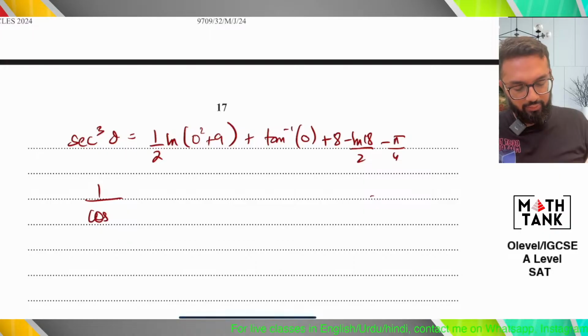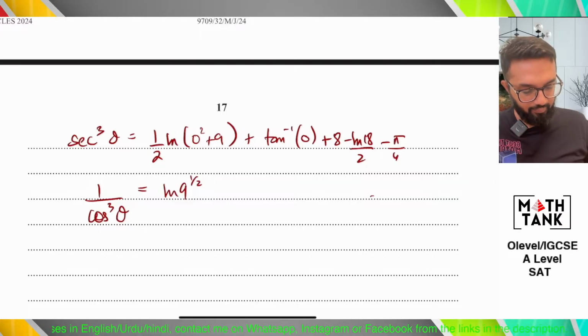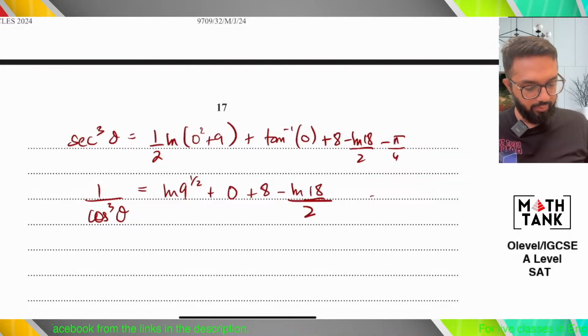So 1 over cos cube theta. Half ln 9 will be ln 9 power half. Tan inverse of 0 is 0, plus 8 minus ln 18 over 2.